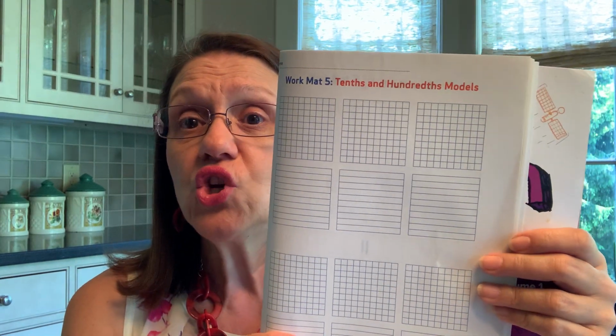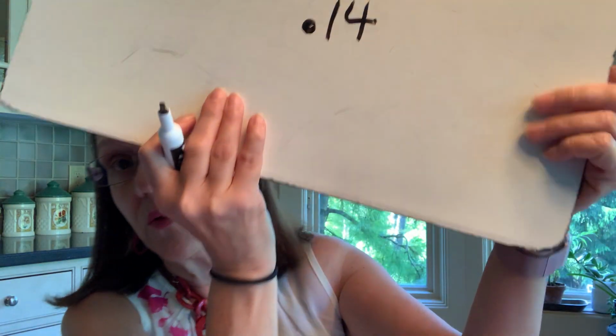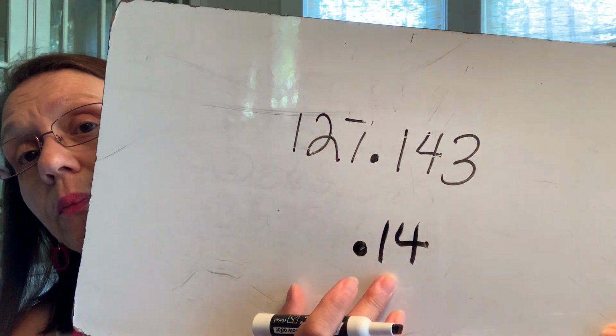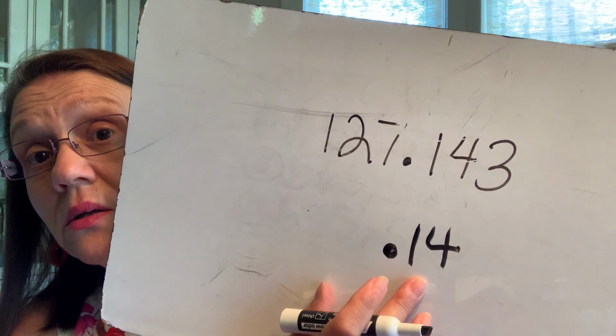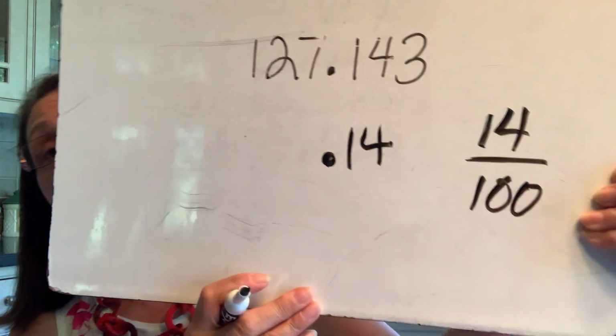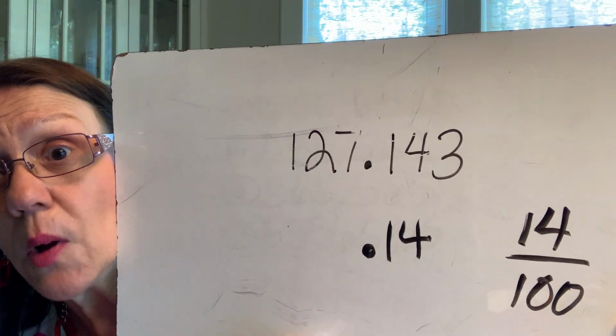If I wanted to show hundredths, if I had 14 hundredths, and as a decimal, that would be 14 hundredths right here. As a fraction, it would look like this: 14 over 100, 14 hundredths. So there's 2 ways to show them, as a fraction or as a decimal.